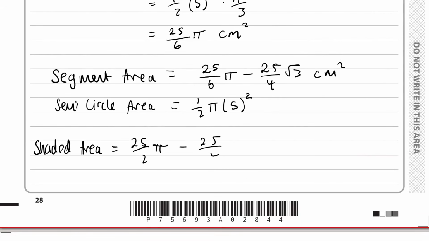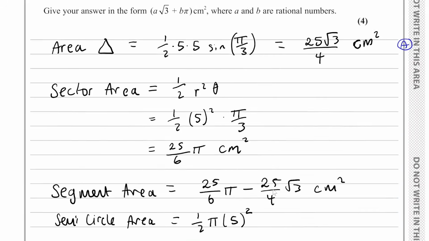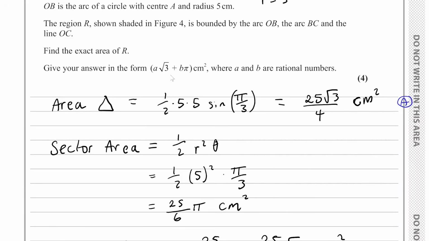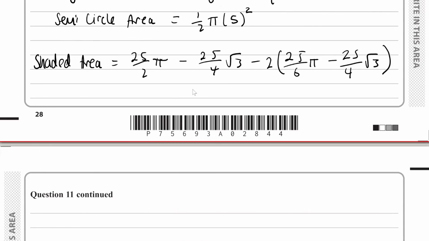Take away 2 segments, take away 2 of 25 over 6 pi minus 25 over 4 square root 3. So that is the answer. It's not in the right form. We need to simplify it. So we just want something root 3 and something pi.